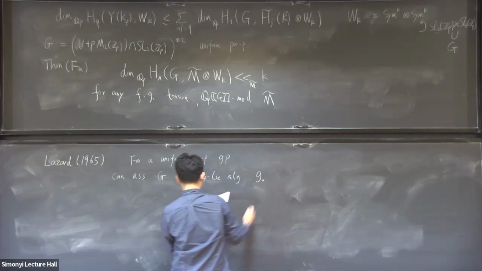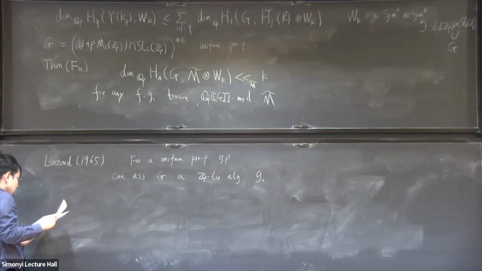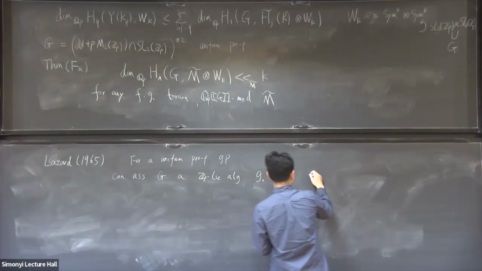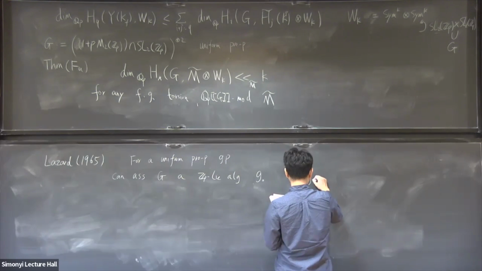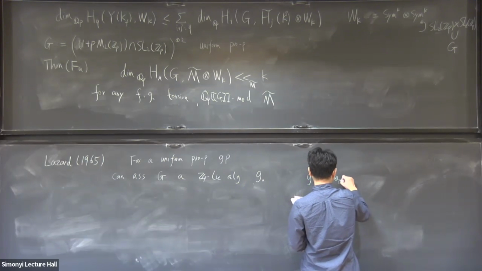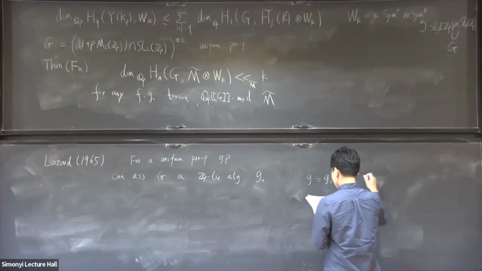I call it G0. And here the G0 is just SL2, or rather the Lie algebra sl2.